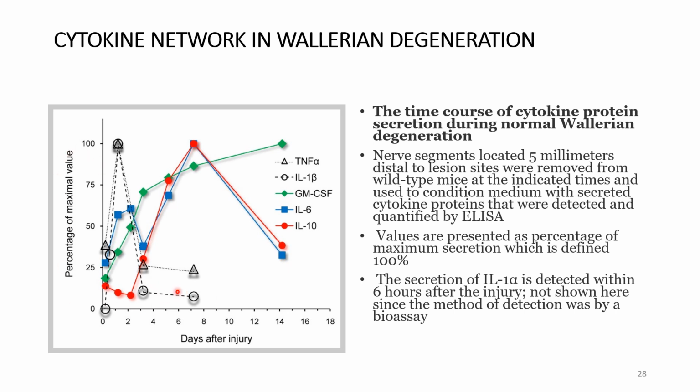After they have fallen, GM-CSF and interleukin 6 are secreted in between. After that, the last one secreted is interleukin 10. Initially it was low, then it will be increased within 1 week to 10 days.